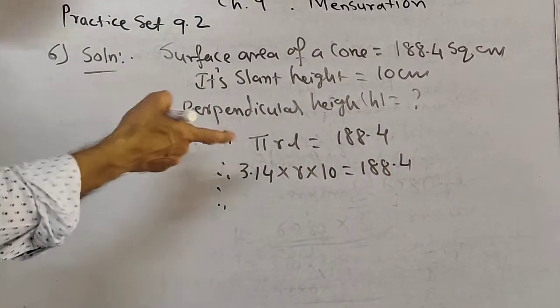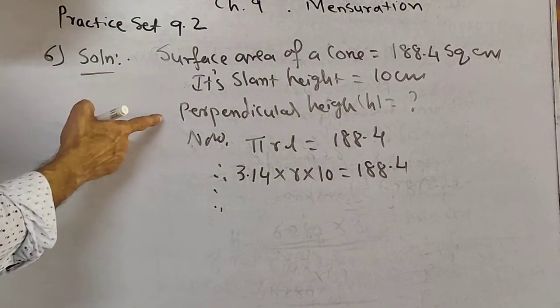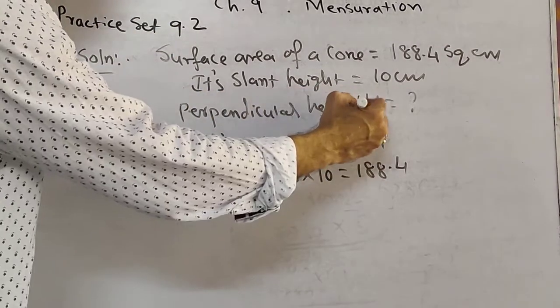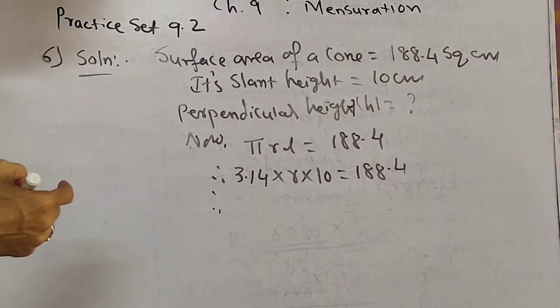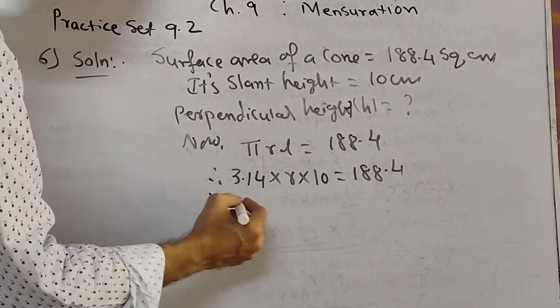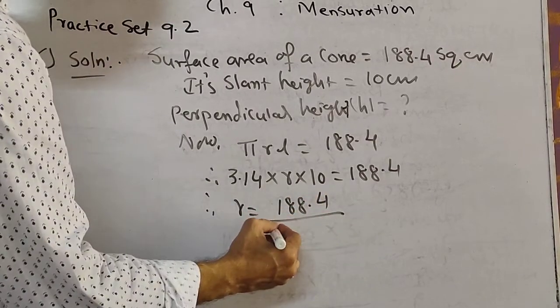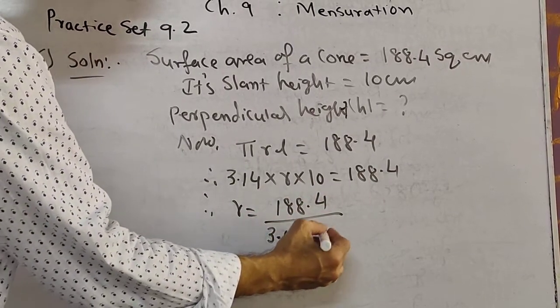Okay, r you have to first find out. After finding r, then you can use the slant height formula, the Pythagoras type, and then you can get the perpendicular height. So this will go there and divide. r is equal to 188.4 upon 3.14 into 10.